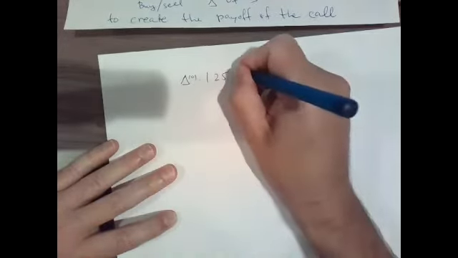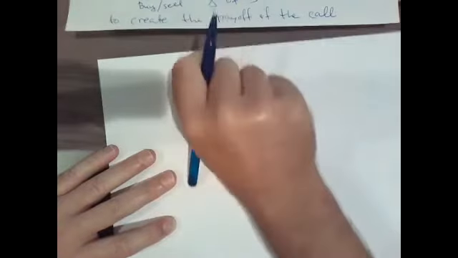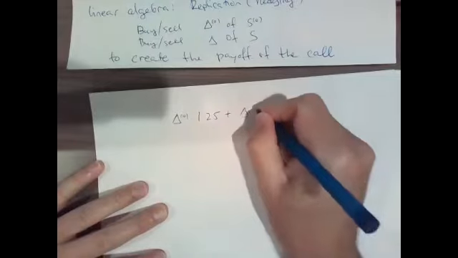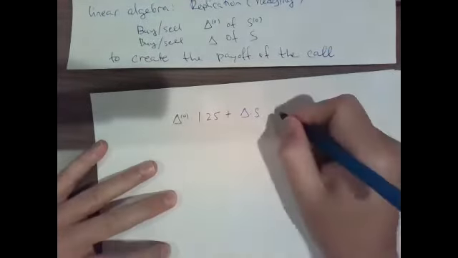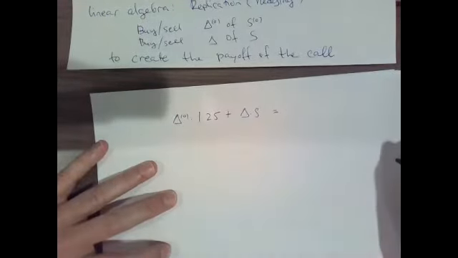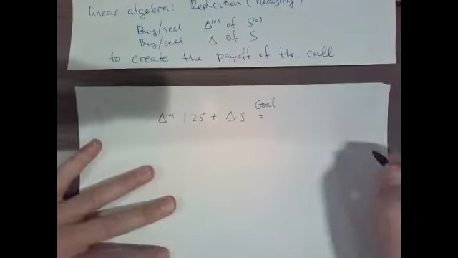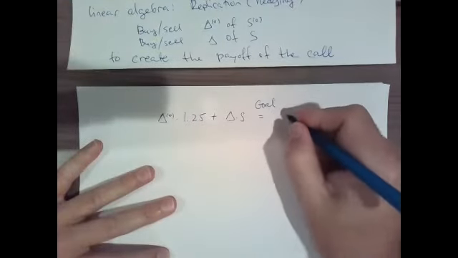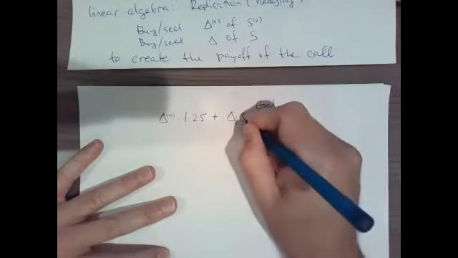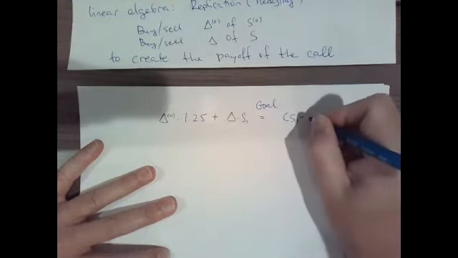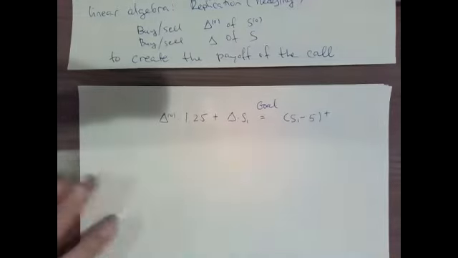Plus delta times S. This is what I want to be. This is my goal. I want this to become my function, which was S1 minus 5, positive part.